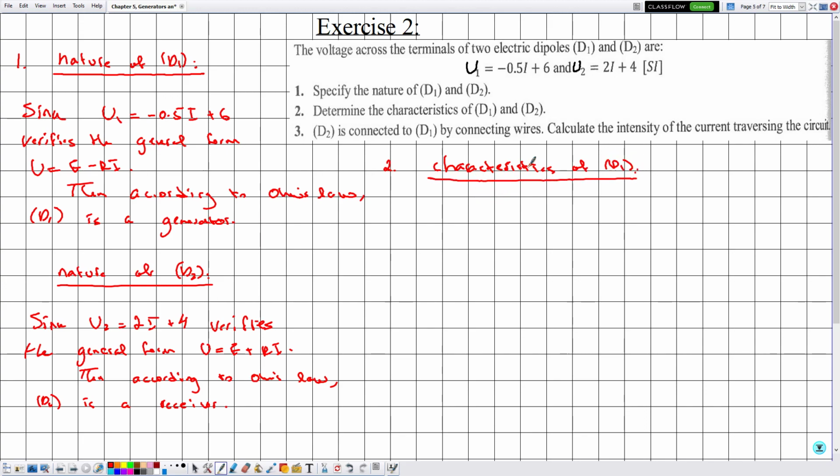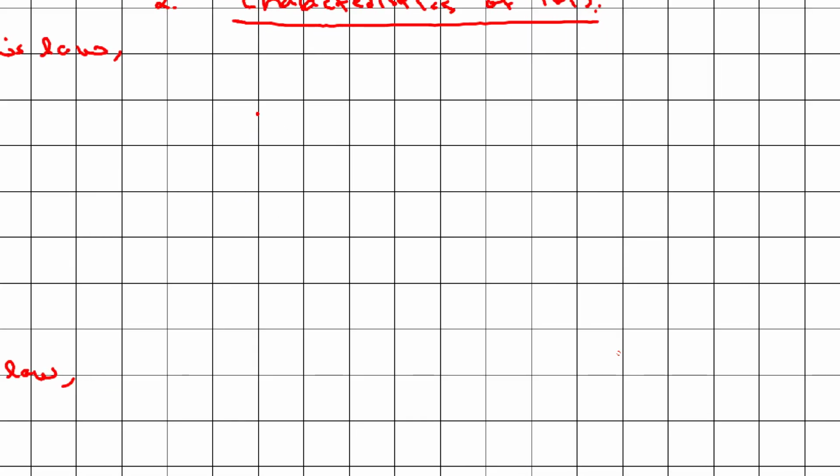And so we know that each generator, so D1, is characterized by two parameters given by E and R, in which E represents the electromotive force and R is the internal resistance. Now the electromotive force is the maximum voltage supplied by the generator with no current.